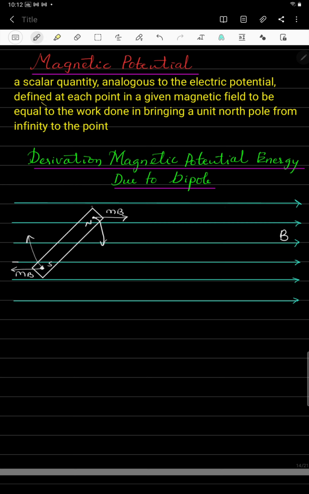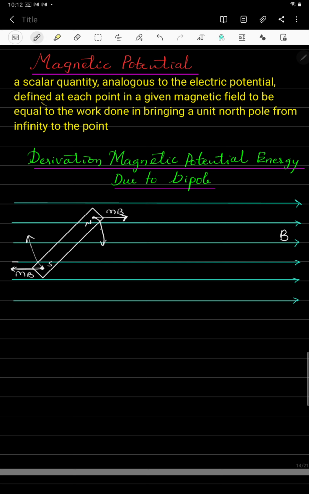The south pole and north pole produce some magnetic field, and that field is M into B. The north pole generates the magnetic field in this direction, that is M into B, and the south pole generates the magnetic field, that is M into B, in the opposite direction.